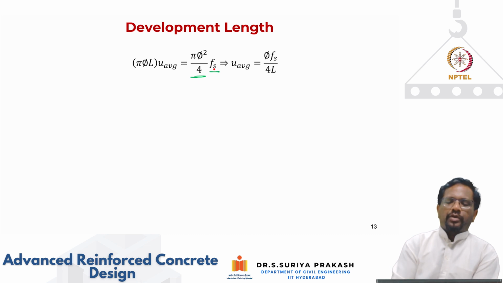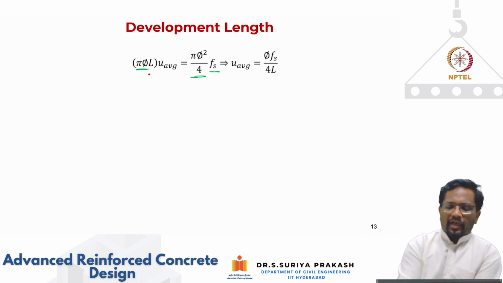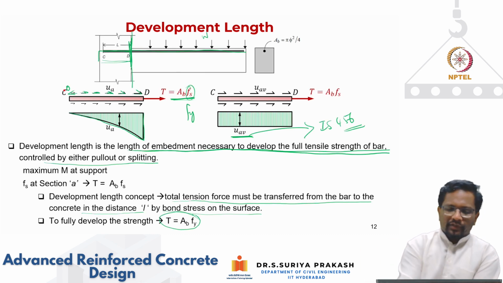That should be equal to pi into diameter, which is your perimeter, and the length of embedment is L. That gives me the total surface of contact, and I multiply it by the average stress, which should equal the tension force, because here it is 0 and the tension force is this, right?